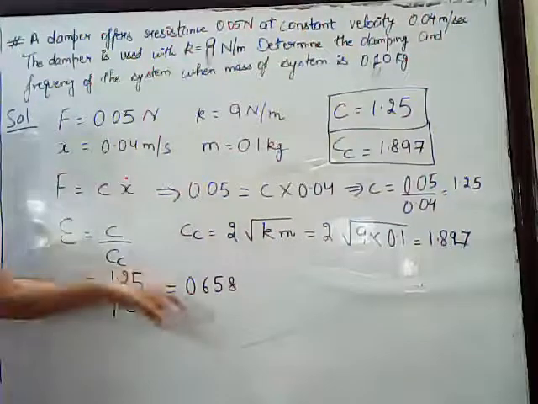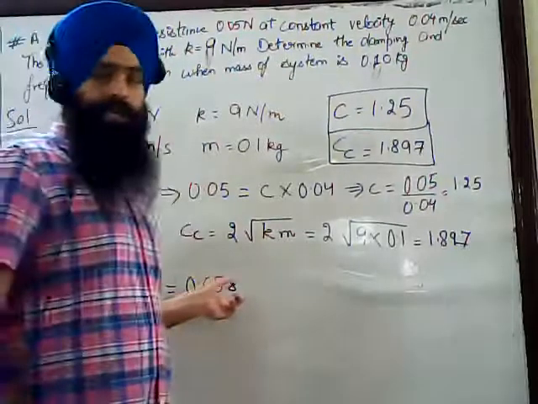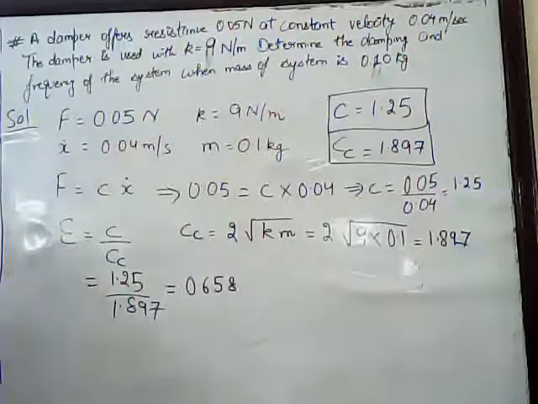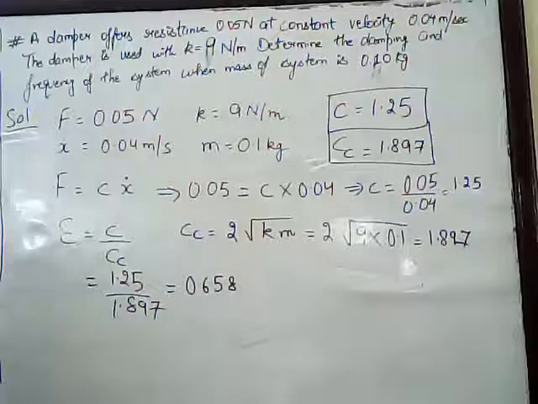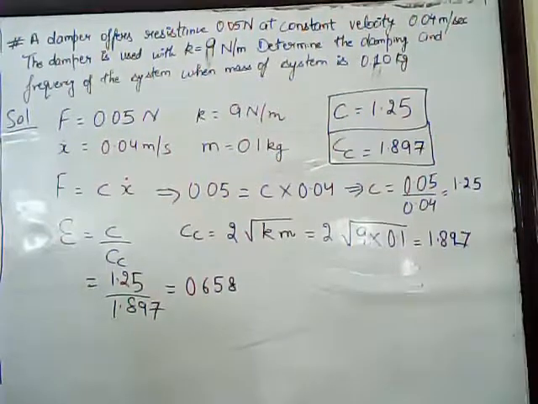As the value of the damping ratio is less than 1, this is a case of an underdamped system. When the damping ratio is less than 1, it is underdamped. When it is equal to 1, it is critically damped. And when it is greater than 1, it is overdamped.